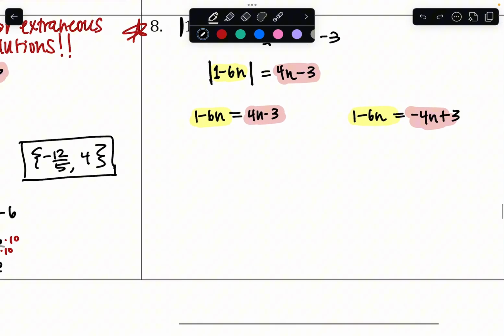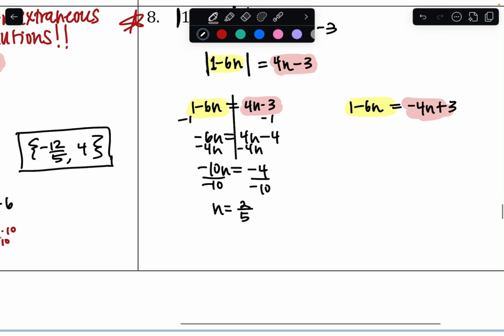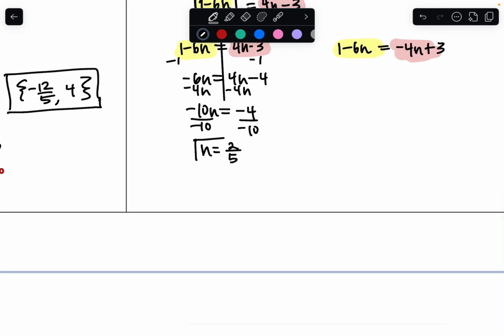Okay, back to solving a linear equation. First thing I'm going to do is subtract 1 from both sides. And then subtract 4n. And then divide by -10. Negative over negative cancels, and we can also divide both of those by 2 to get n equals 2/5.